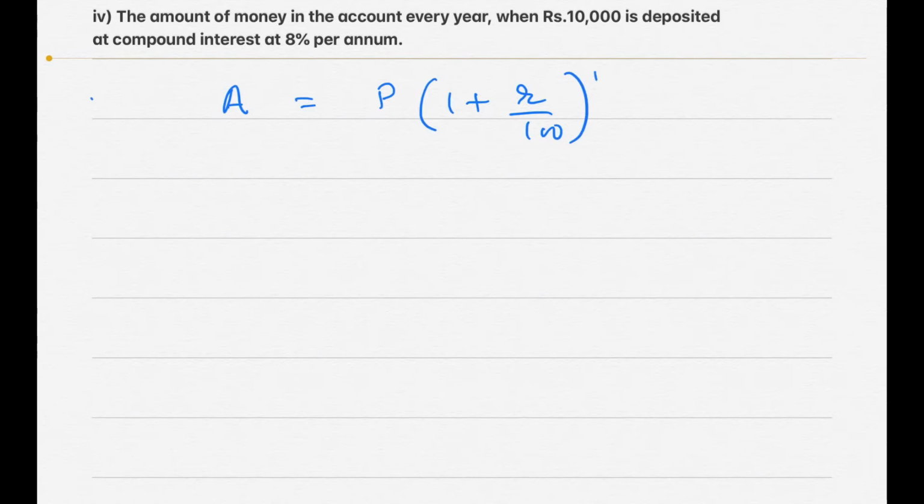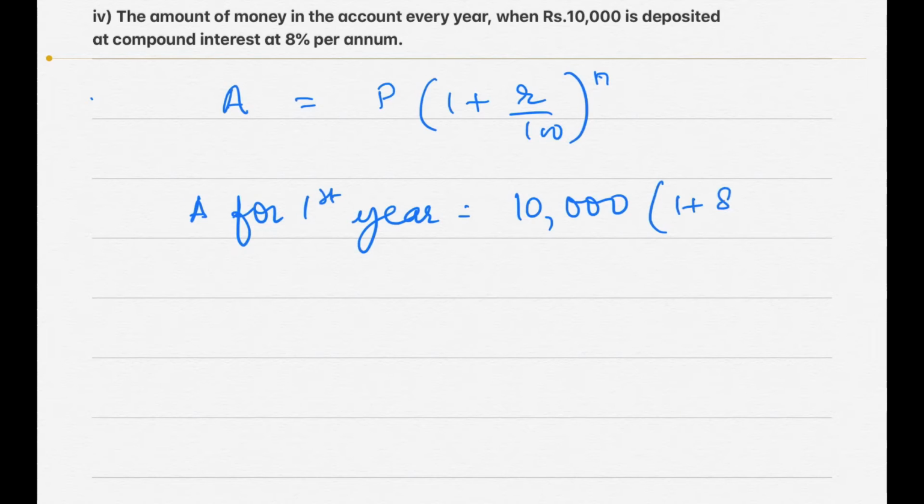Every year we are calculating for 1 year, so n will be 1, and we take it as compounded annually, because nothing has been mentioned otherwise. So my amount for the first year will be equal to 10,000 into (1 plus 8 by 100) to the power 1, which is 10,000 into 27 by 25.